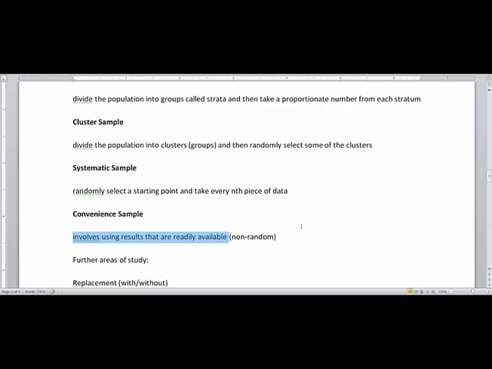This is who I have in front of me, so I guess I'm going to sample them. And you really have to make sure that you've dotted your I's and crossed your T's, because this is tricky, because you could run into a lot of problems with your sample if this is what you have to survey.